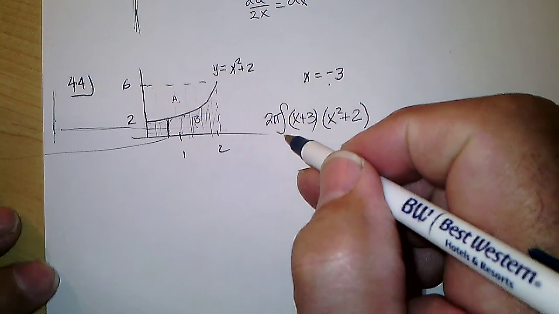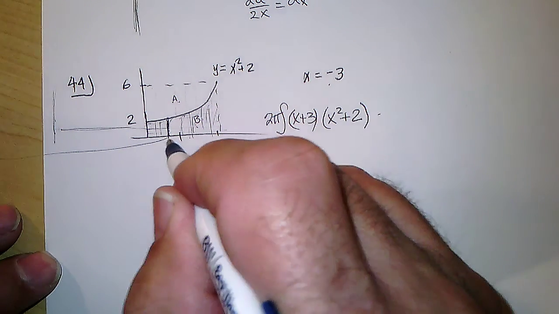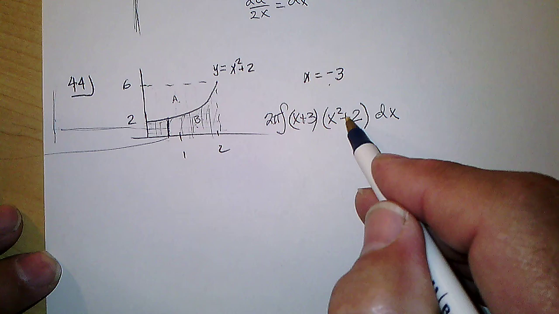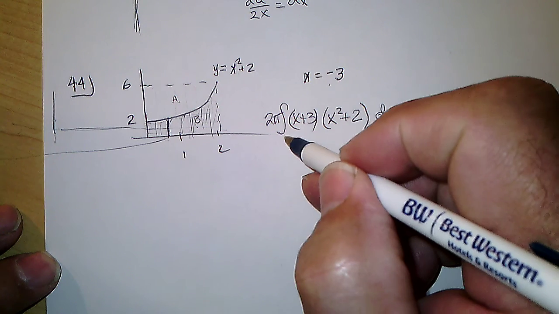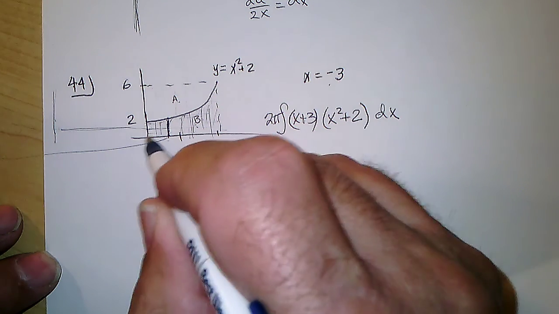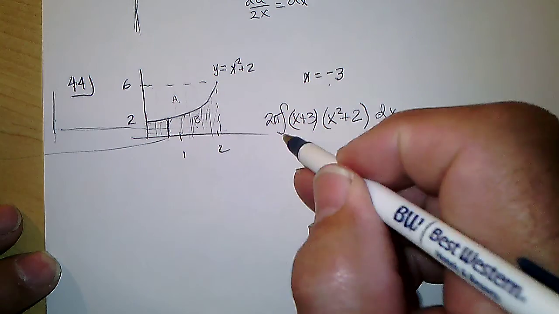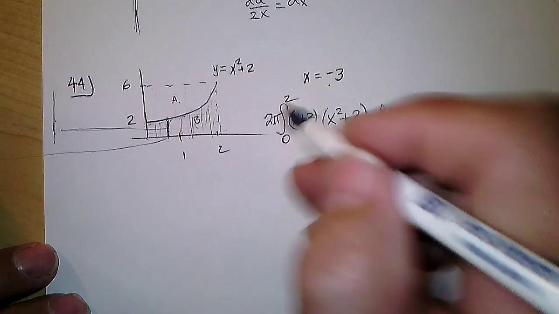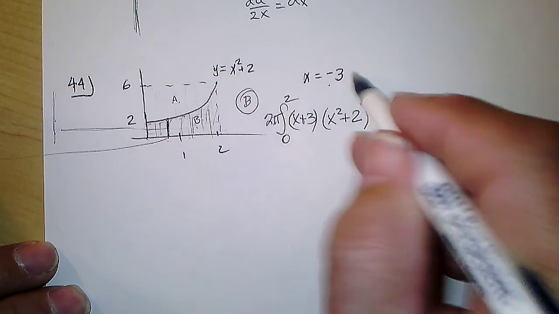The slice thickness is dx, 2 pi r height. And x would go from 0 to 2. That's for region B being taken around that.